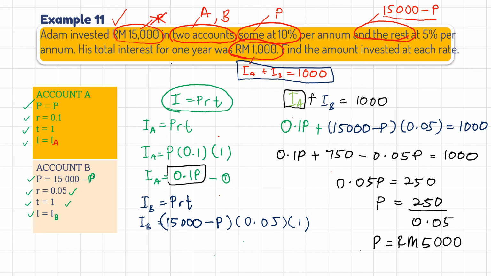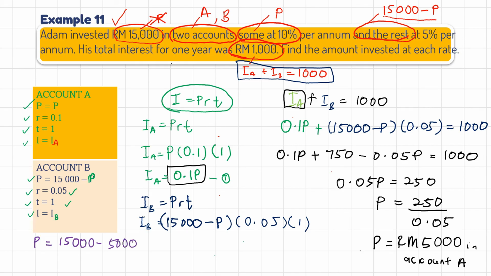Since P is 5,000 ringgit, this will be in account A. How about in account B? So, P in account B, I will be using purple color. P in account B will be equal to 15,000 minus 5,000.